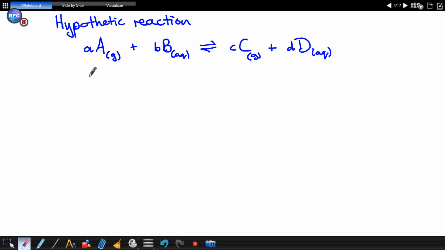Then the Kc expression is the ratio between the product of the products. Please look before you write. The coefficient becomes the power of the concentration.